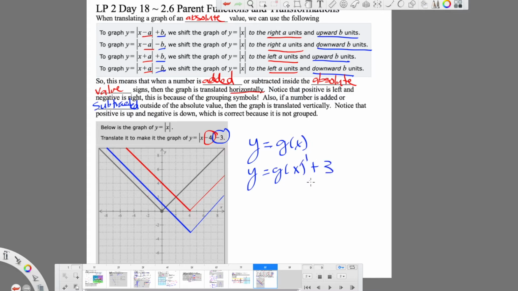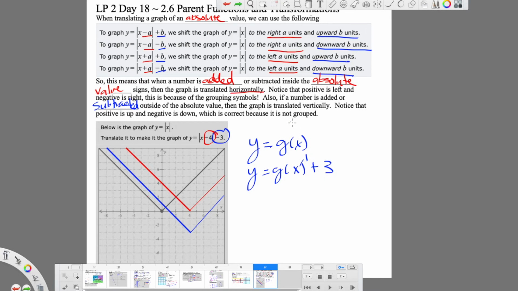They would work exactly the same way. Those are grouping symbols, just like the absolute value signs are grouping symbols. So inside of the grouping symbols would be moving it either right or left. Remember, it's kind of opposite of what we think. Outside of the grouping symbols moves it up or down. So it works the same way, even though it's a slightly different looking graph.